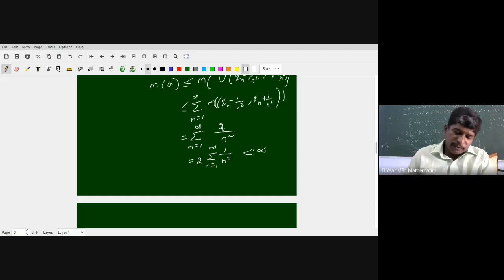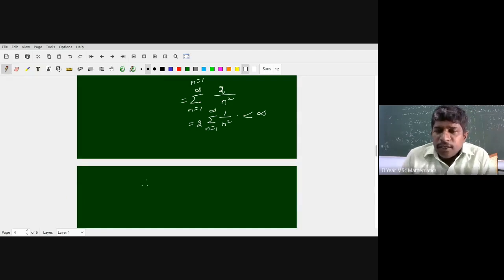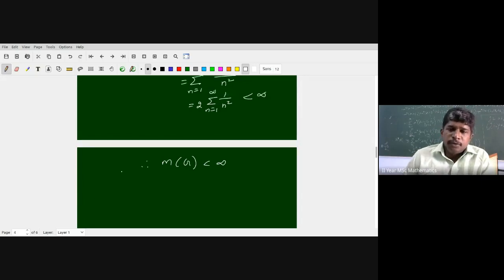This series converges, so it is finite. The only information we need is that the summation must be finite. We don't want the exact summation. The measure of G is finite.